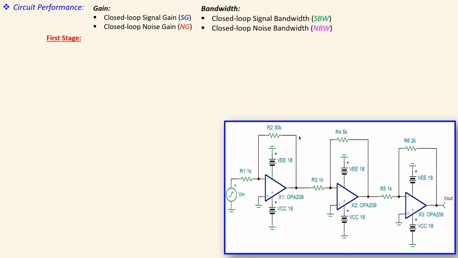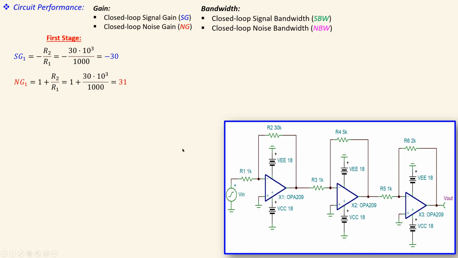Now let's first look at the first stage, which is this part. You can see the signal gain is of course given by the inverting amplifier formula, which is the feedback resistance divided by the input resistance. You have the minus sign giving the inversion, so it is minus 30,000 over 1000, that will be minus 30. Now the noise gain is always looking from the non-inverting amplifier. That's the definition.